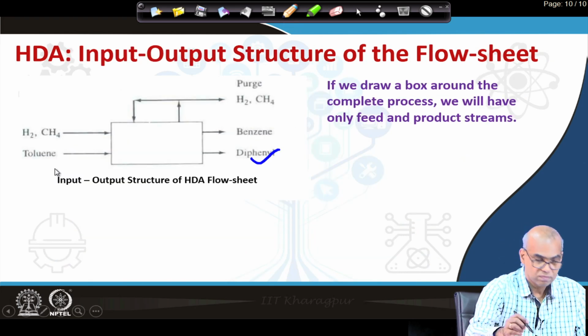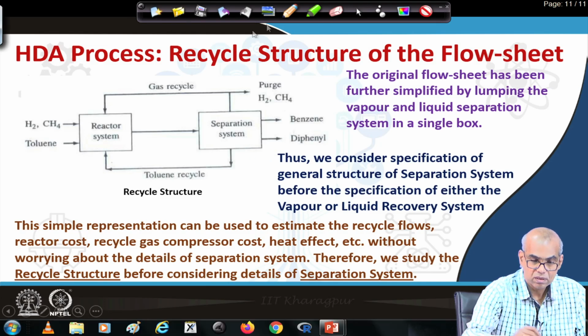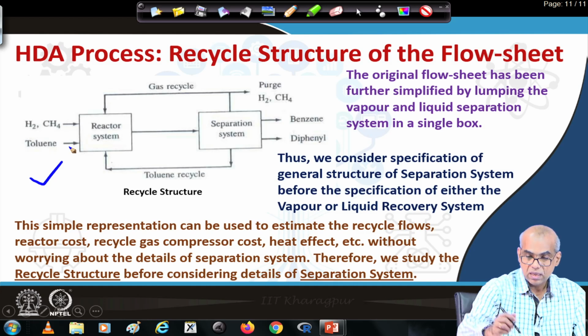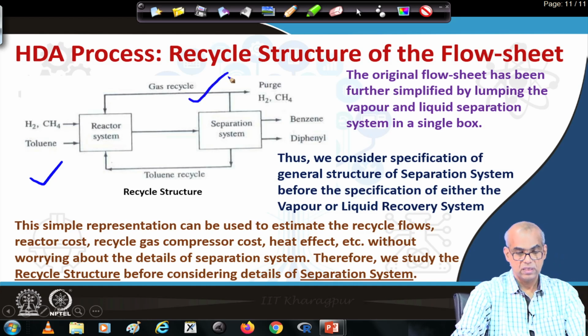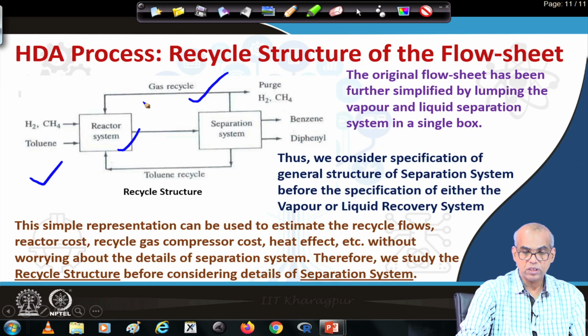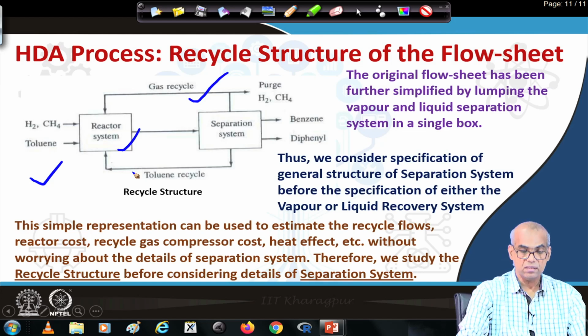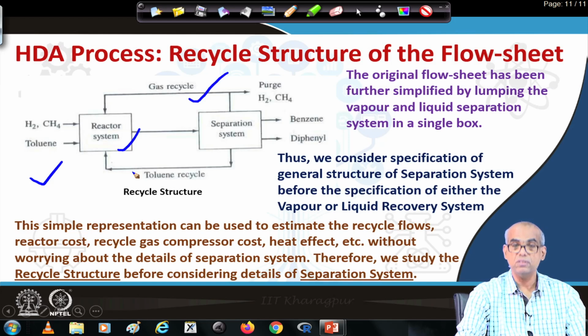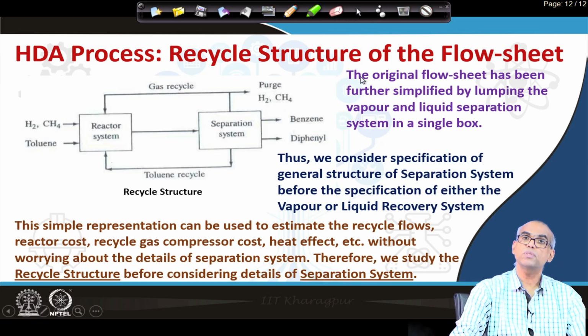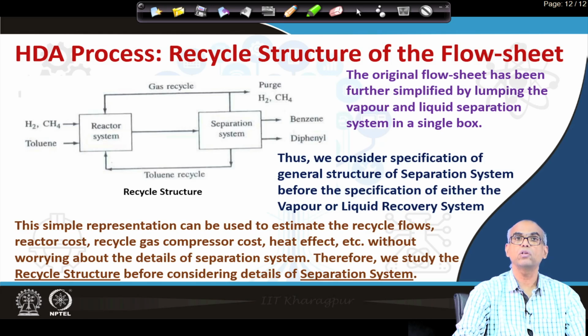So, this simple representation of the original process flow sheet can be used to estimate the recycle flows, the reactor cost, recycle gas compressor cost, heat effects, etc., without worrying about the details of the separation system. So, it is possible to study the recycle structure before considering details of the separation system. So, this is another decision that we could take.